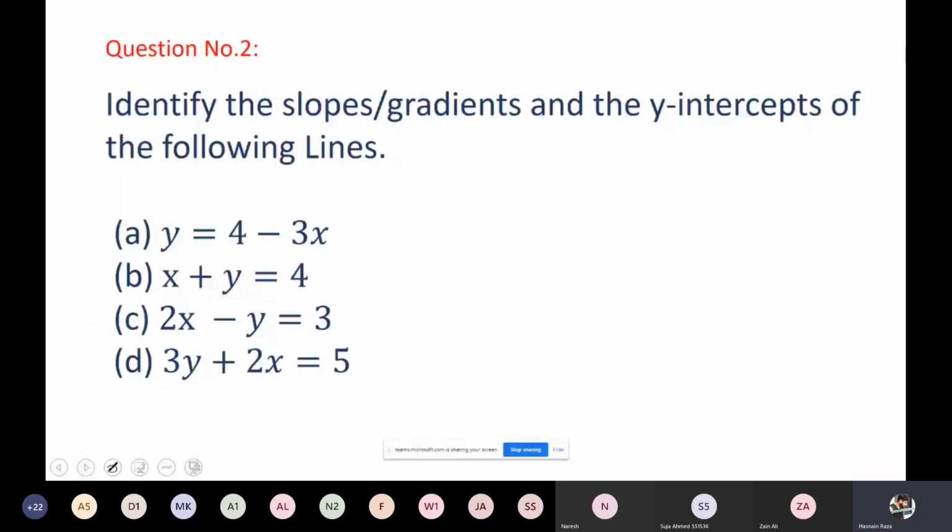Now, moving towards the question. I am giving you 5 minutes for the rest of the three parts. Part B, Part C, and Part D. We have done this. Now, you have to do these three parts right now. Do it as quick as possible. I'm giving you 5 minutes.